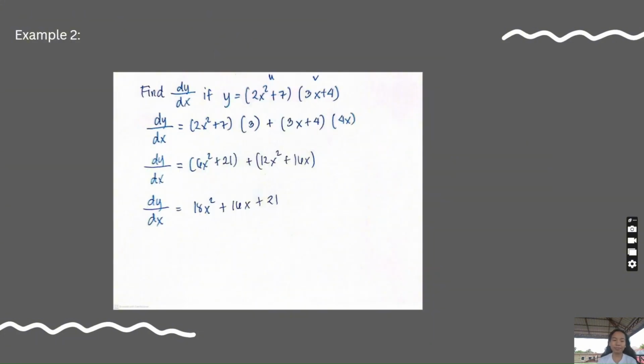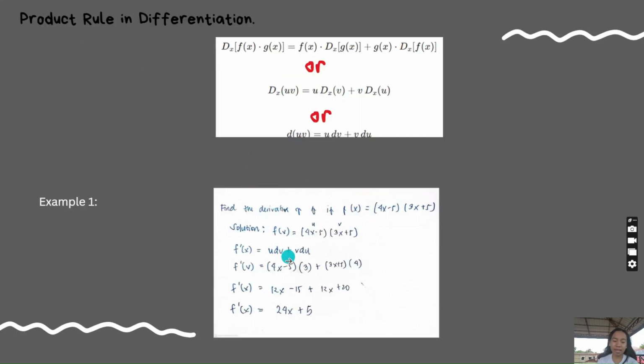Another example: find dy over dx if y is equal to the quantity 2x squared plus 7 times the quantity 3x plus 4. Of course, this will be our u, and this second one is our v. So dy over dx, as our notation, since the expression is given as y, is equal to, from the formula, u dv plus v du.